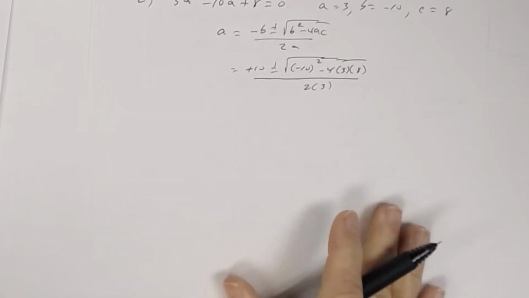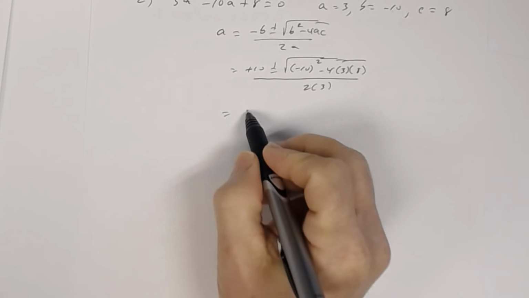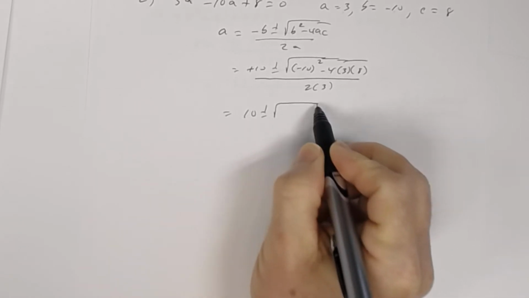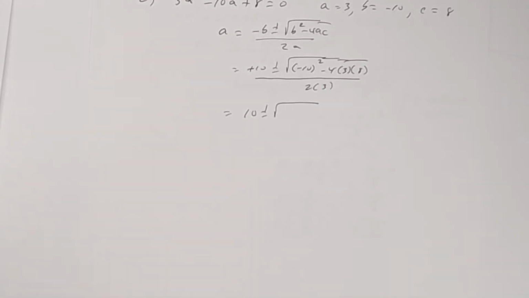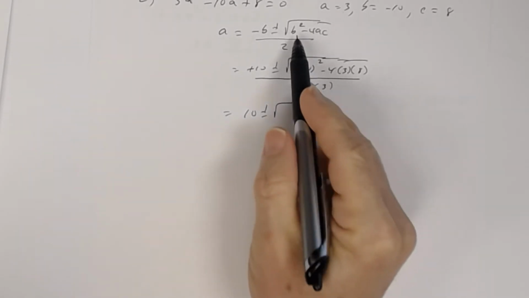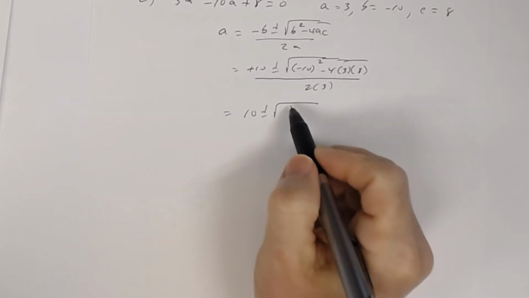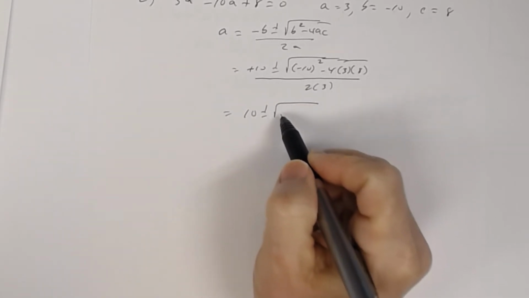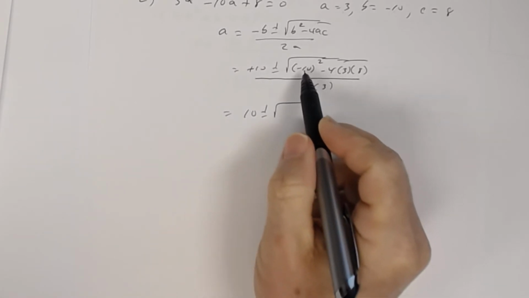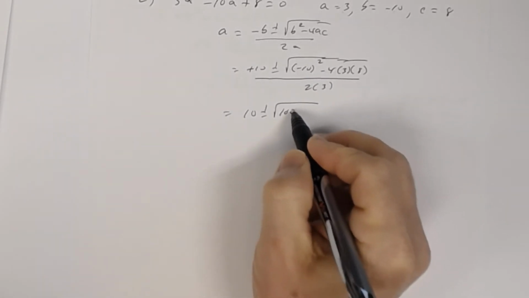All right. Now we're going to simplify the radicand. So I get positive 10 plus or minus the square root of. Now be careful. You see how I put that in parentheses? Whenever you square b, the number that you get here better be positive or 0. It should never be negative, because a negative times a negative is a positive. So that should be 100.